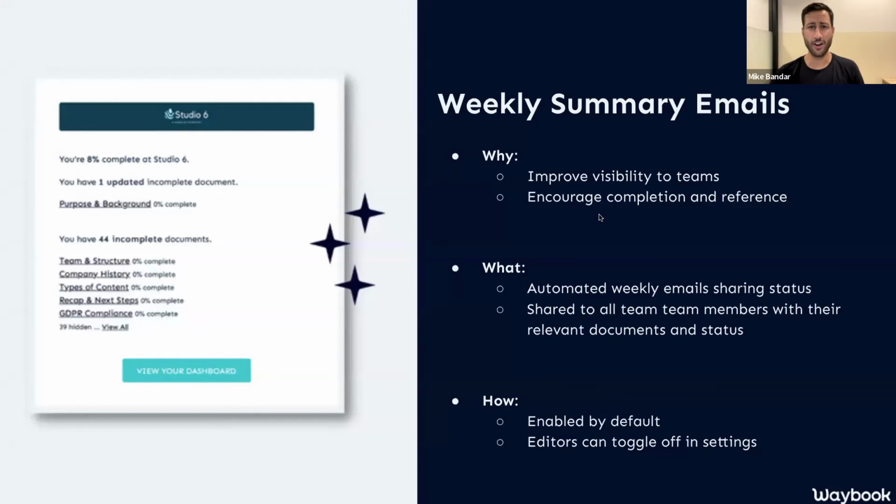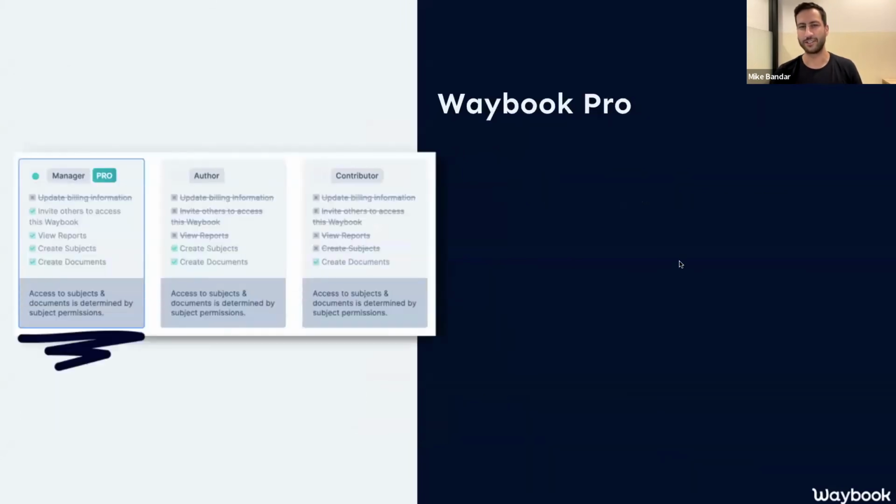So moving on, after your weekly emails, one of the big things that I have no doubt you've been aware of, because we've sent a couple of emails this month, is the introduction of Waybook Pro. Now, we chose to introduce Waybook Pro into the product as an ability for us to give additional layers of customization, additional layers of support and security, and also making sure that people still had an amazing product on both Waybook Core and Waybook Pro.